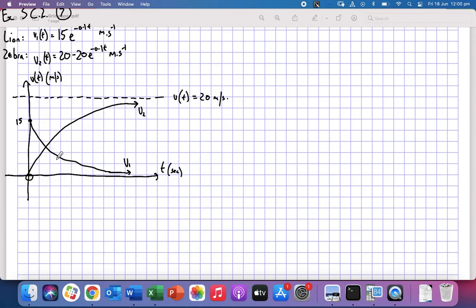So have we shown that the lion's speed was always decreasing? I think we have.